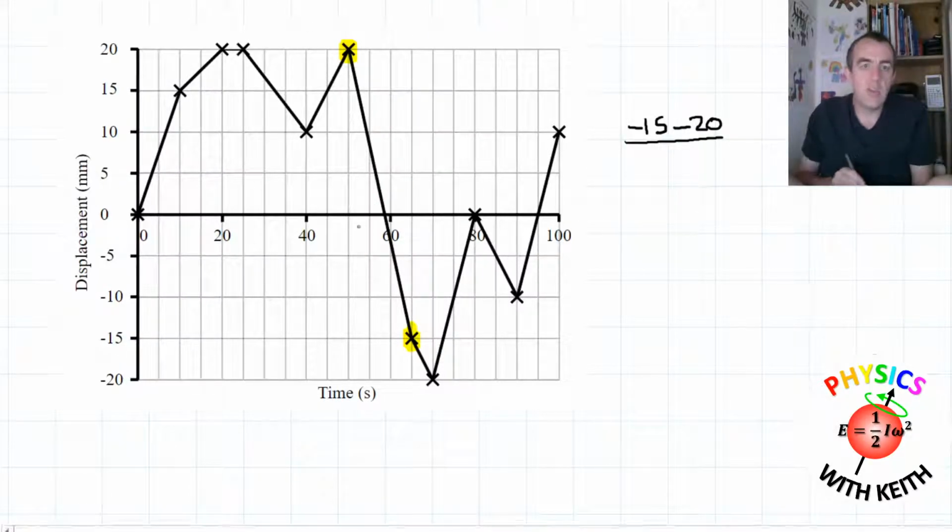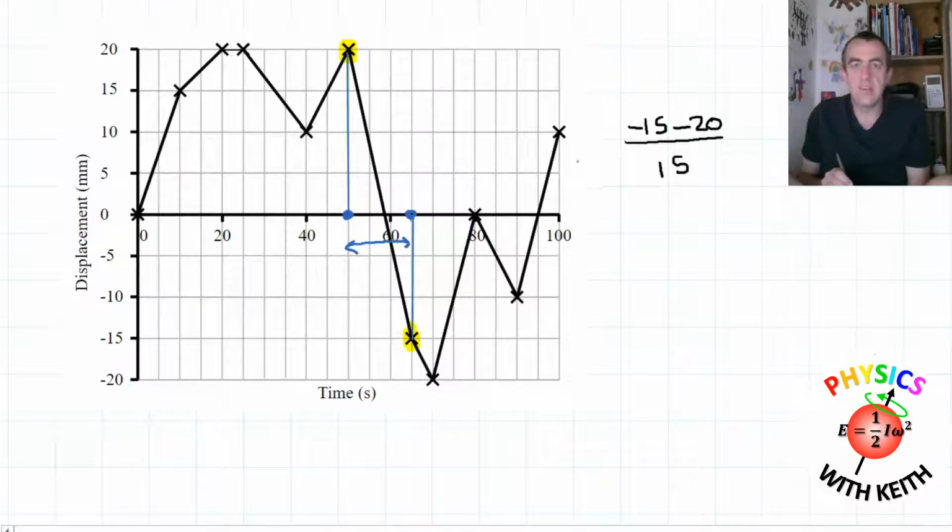What we're doing is taking the gradient of this line. There's our time. If you look, we can see that the point here is there and the point here is there, so the time is between this time and this time. Each of these little squares is worth 5 seconds, so that's 15 seconds. What we're doing is the difference in the y direction divided by the difference in the x direction.